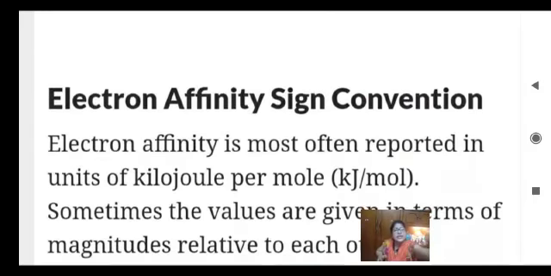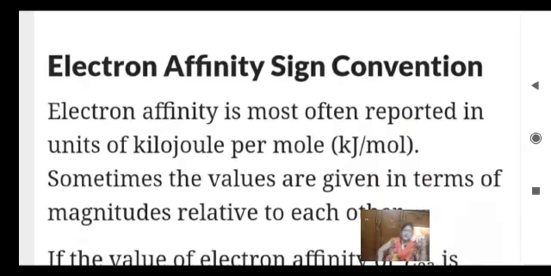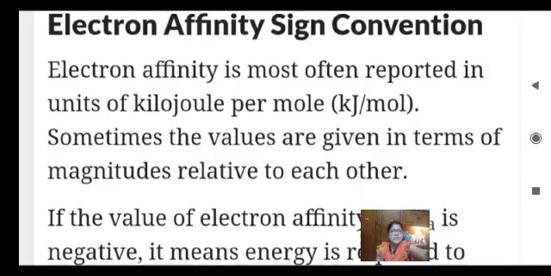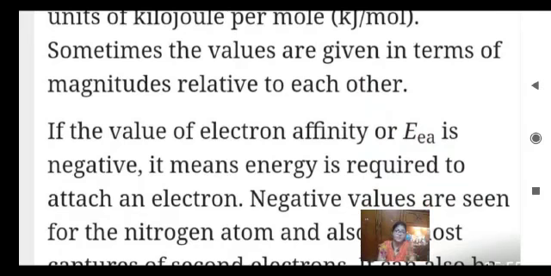Now moving on to the next slide, the sign convention of electron affinity. Electron affinity is most often represented in kilojoule per mole, or kilocalorie per mole. Sometimes the values given in terms of magnitudes are relative to each other.